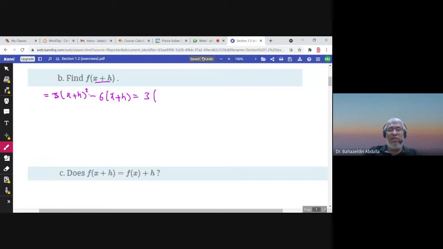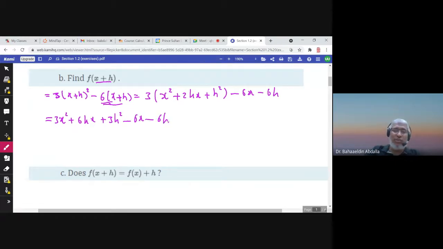Remember, this is x plus h squared, so it is x squared plus 2hx plus h squared. This is how we square a binomial. And expand, minus 6 times x and minus 6 times h. So I have 3x squared plus 3 times 2, 6hx, plus 3h squared minus 6x minus 6h.